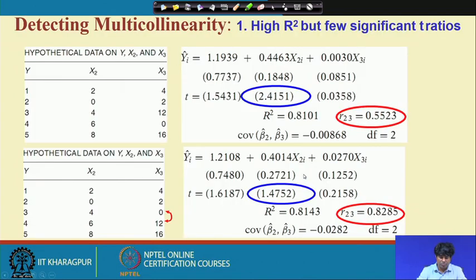Ultimately we have to bring such an environment. Even if you drop some variables, it does not matter, but your model should be free from all kinds of obstacles. As far as detection criteria are concerned, we have already highlighted the covariance mechanism, correlation mechanism, regression mechanism, then the VIF mechanism, and some other criteria.